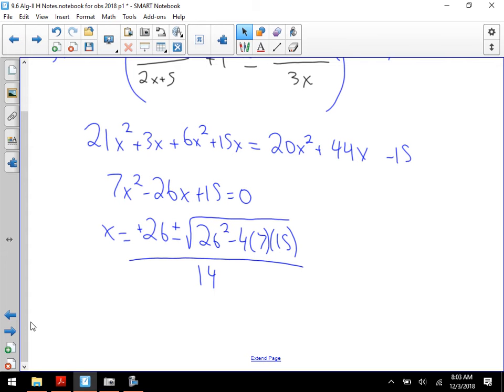I mean, if you want to factor it, or you want to use synthetic. Yeah, that's why I'm using this. 26 squared minus 4 times 7 times 15. Oh, it's a perfect square underneath there. It's 16, 6. So that's what? 20.